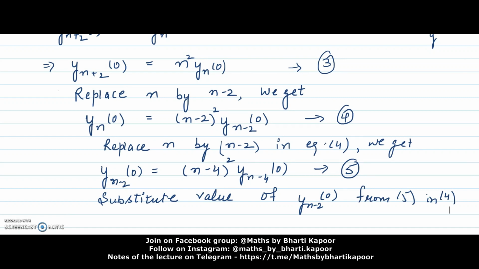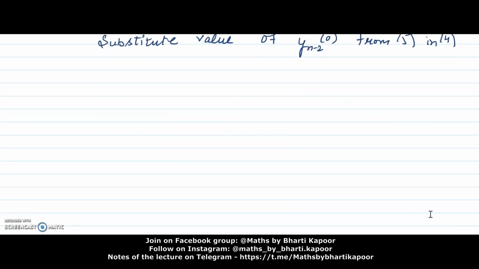We will get yn 0 equal to n minus 2 whole square into n minus 4 whole square into yn minus 4 0.